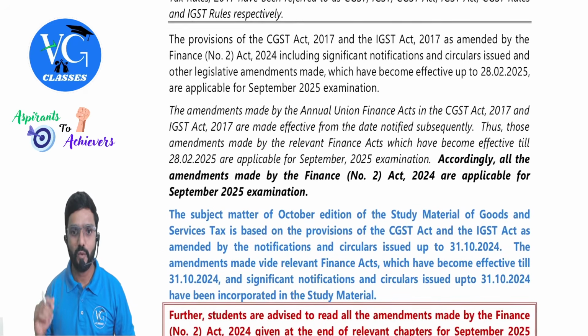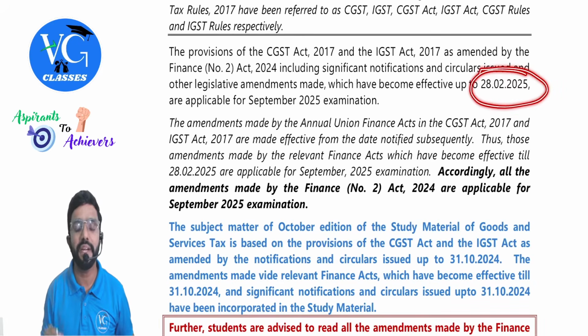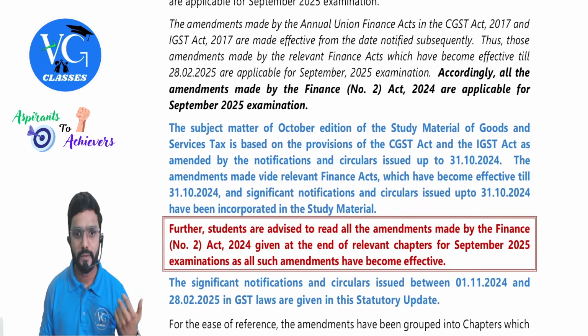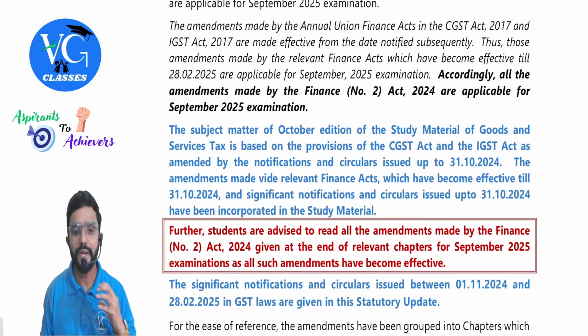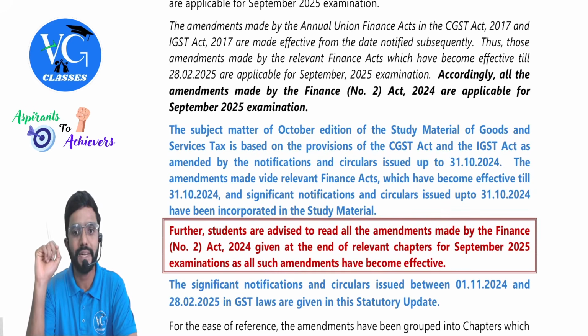So, guys, whatever changes or amendments are made up to 28th February 2025 is applicable for September exams. And they also mentioned few things. Let us just quickly go through it. The amendments made by the annual Union Finance Acts in CGST Act and IGST Act are made effective from the date notified subsequently.